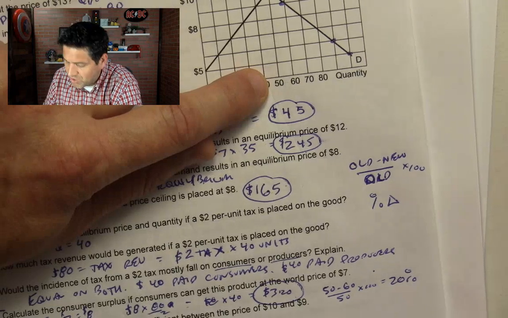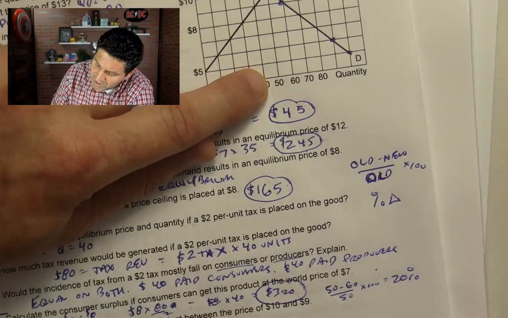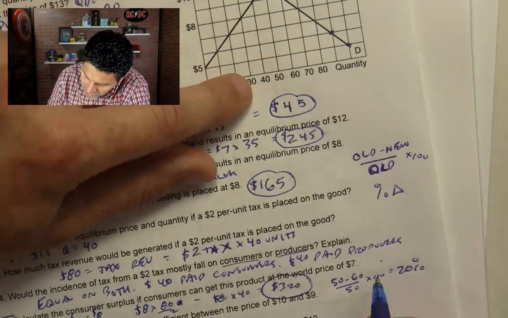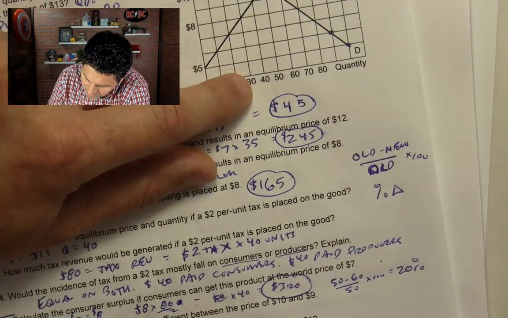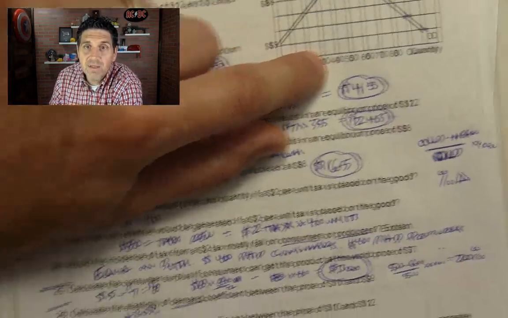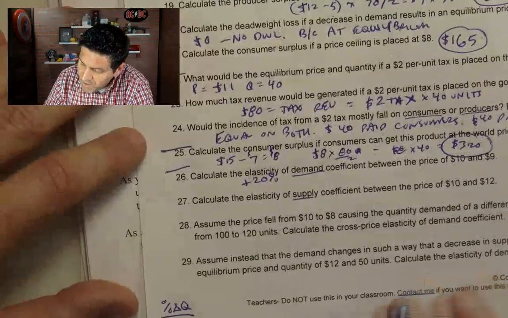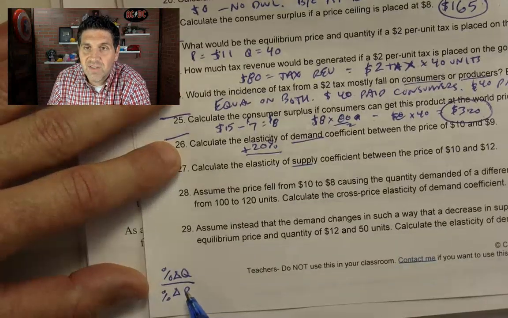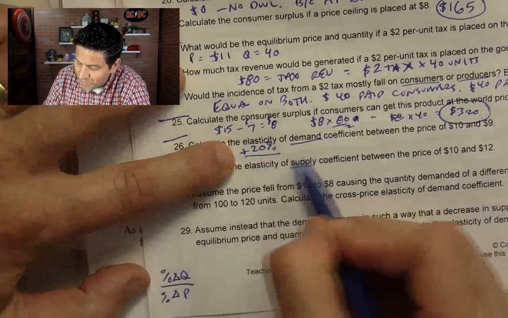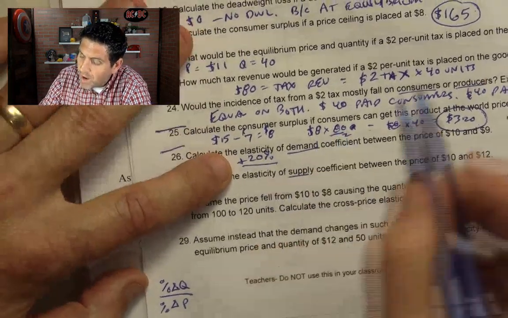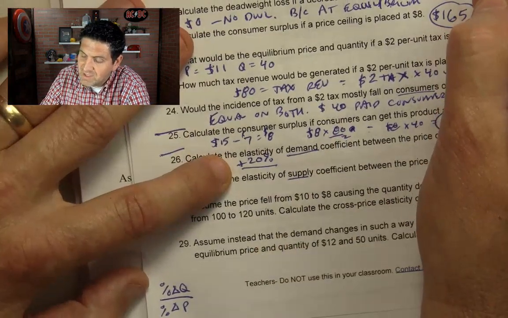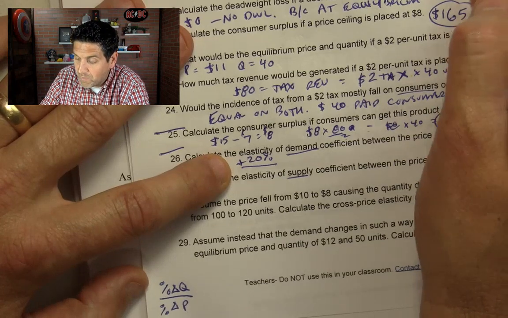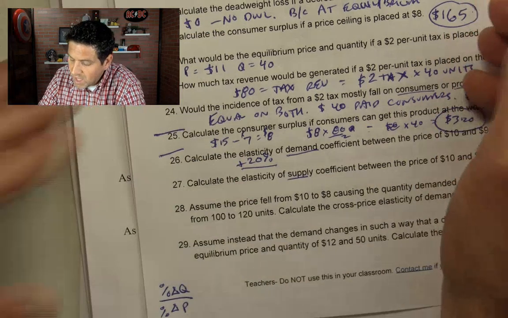It's the percent change. Okay, so the demand coefficient between 10 and 9: we know the percent change in quantity is going to be an increase of 20%. Can you see that? I'm filling out this equation down here, the elasticity demand coefficient, and I'm running out of room. So quantity increased from 50 to 60, which is an increase of 20%.